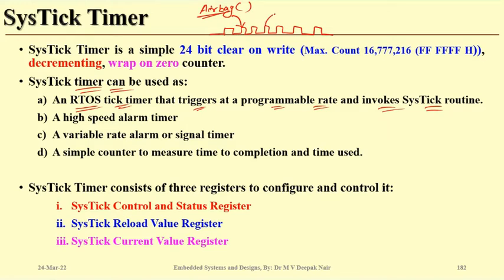Then the airbag function has to be written in such a way that it should be completed in this particular time, because time-based events are important in RTOS. After some time, there can be another event which can be checked here, like whether the brakes are working or not, brakes are proper or not. In this way, this kind of system can be designed using the Systick timer.